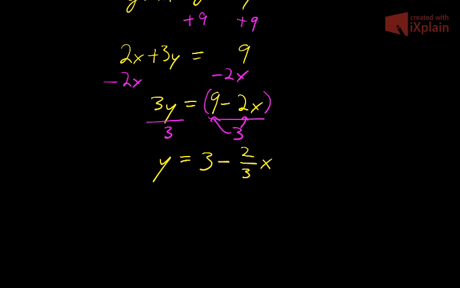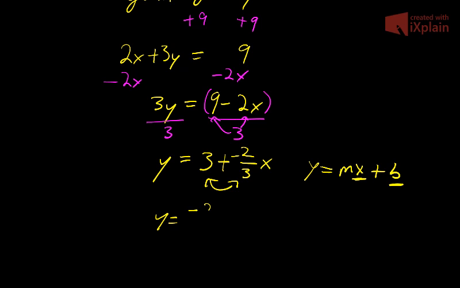And now what I really need to do is I need to make sure that this is written as y equals mx plus b, which means that my x should come before the constant. So if I do that, I'll just flip both of these. I end up with y equals, this should be plus negative 2/3 x, so I can flip those.